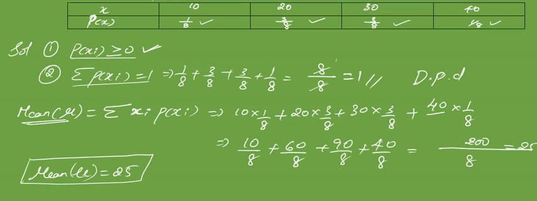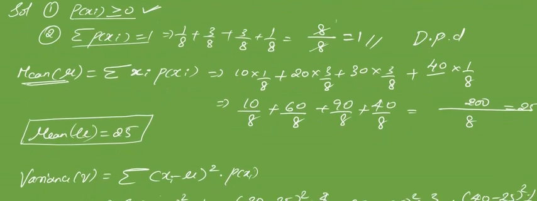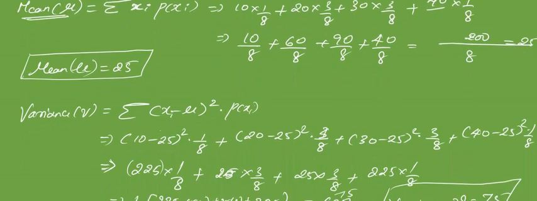So what is it? 10 into 1 by 8, 20 into 3 by 8 plus 30 into 3 by 8 plus 40 into 1 by 8. So when you add it all up, you have a common denominator 8, numerator 60 plus 90 plus 10, 100, 160, 160 plus 40 is 200. So 200 by 8 is 25. So the mean value is 25.